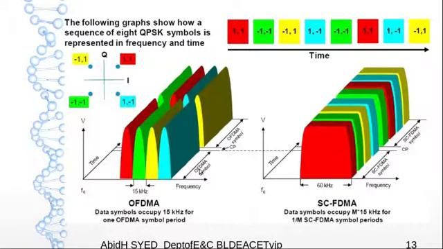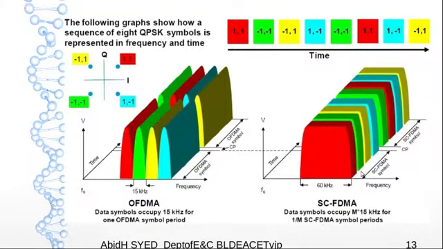Of course, in both cases we are going to add a cyclic prefix. In OFDMA, each subcarrier carries a small part of the data, and each subcarrier's duration is long in the time domain, as you can see here.